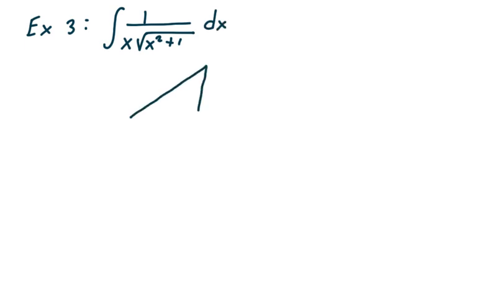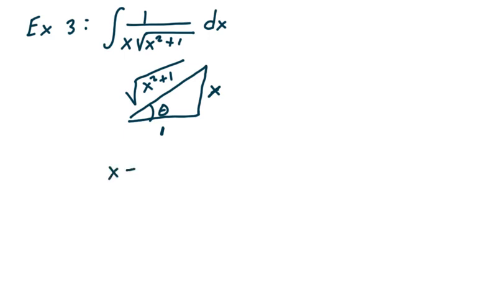So off the get-go, I'm going to draw a picture of a triangle. Okay? And I'm going to label the hypotenuse the square root of x squared plus 1. The side opposite angle theta is x, and then the side adjacent to angle theta is 1.